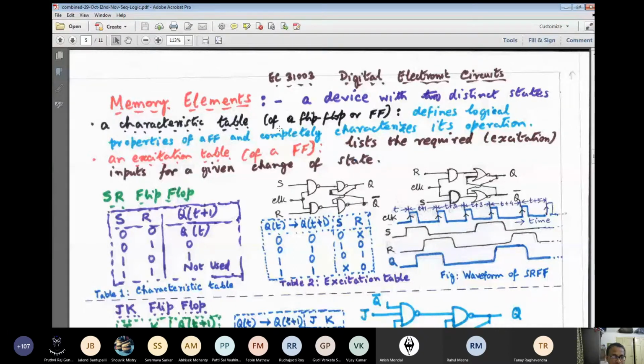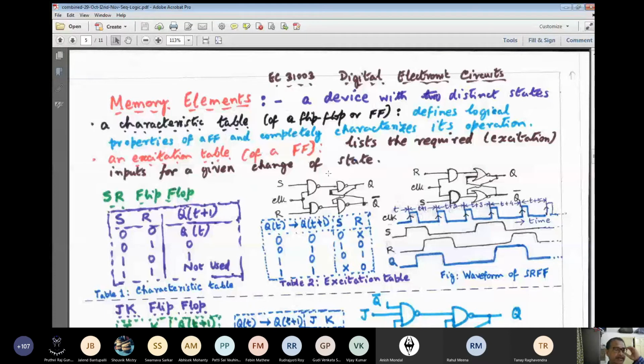A concise specification may be there and we have to implement it using certain logic elements. We can use CMOS circuits, TTL circuits and so on. On the other hand, if you are asked to design a circuit, that means this is the specification and you are asked to design. Today we'll discuss a small design problem.